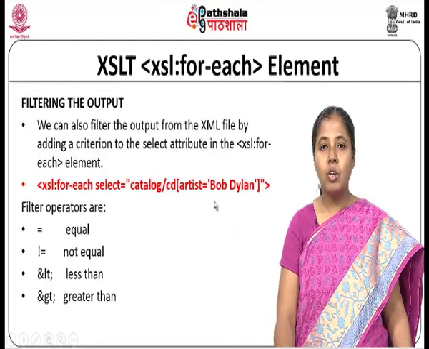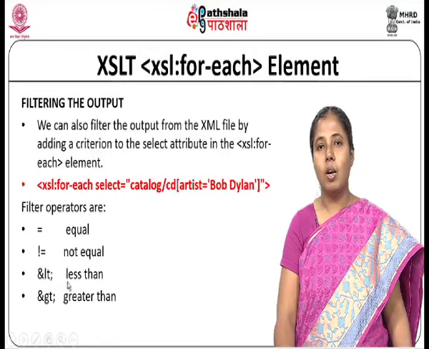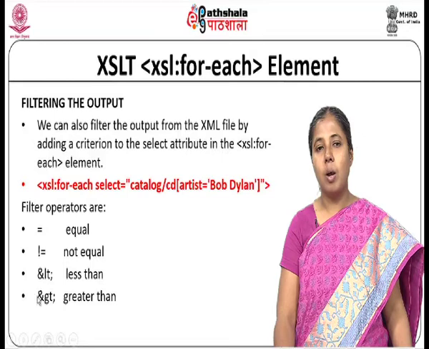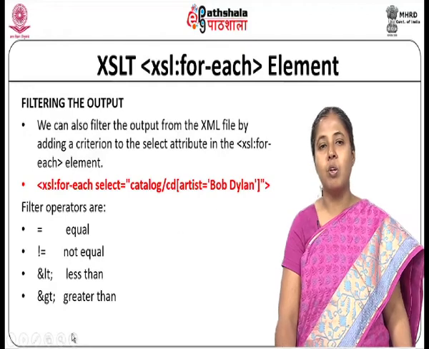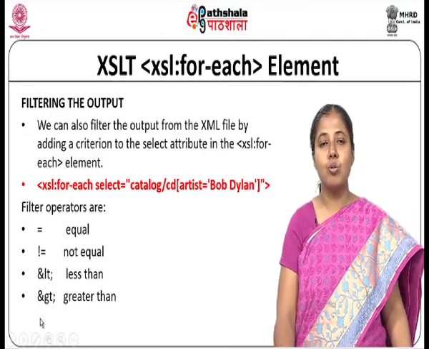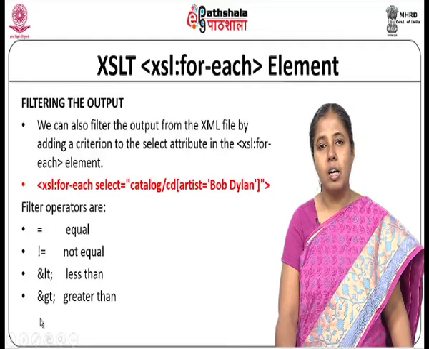You use filter operators like equal to, not equal to; for less than you use the entity ampersand lt semicolon, and for greater than you use ampersand gt semicolon. These are entities; instead of using the symbols directly, you use the entities for the same less than and greater than operations.